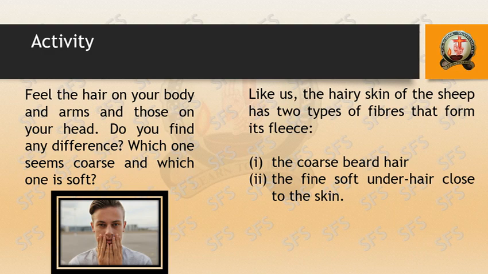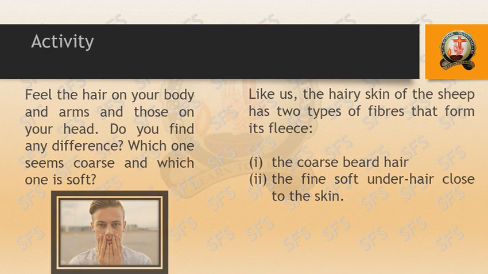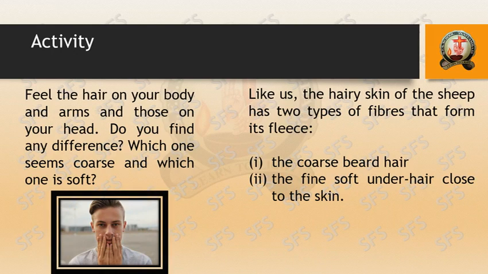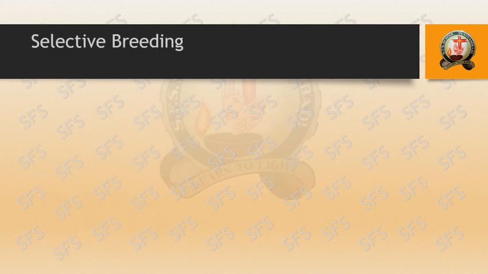And the second one is the fine soft underhair close to the skin. Close to the skin there will be fine soft hair, like how soft hair is present on our skin, the same way for them also. Now, which hair helps you to prepare the fiber, that is wool? That process can be done by using something called selective breeding.